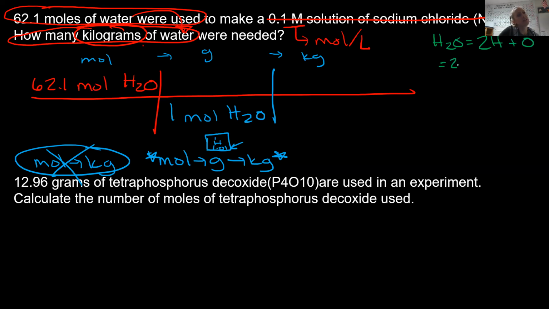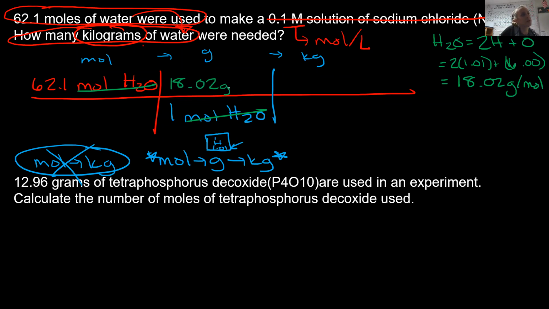So that's equal to 2 times 1.01 plus the 16.00. So that would give us 18.02 grams per mole, right? So if I have 1 mole of water on the bottom, because I want to cancel it out, I would have 18.02 grams of water on the top.